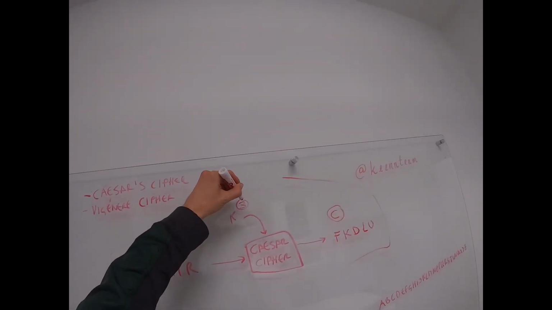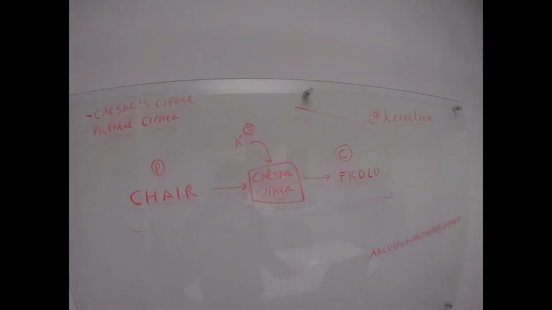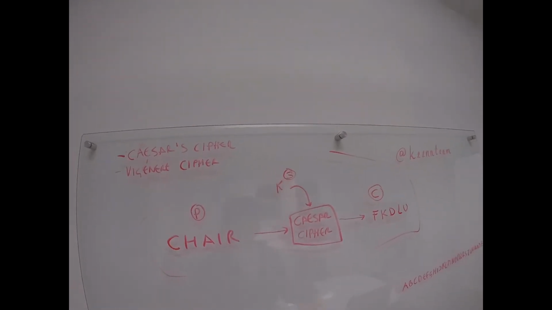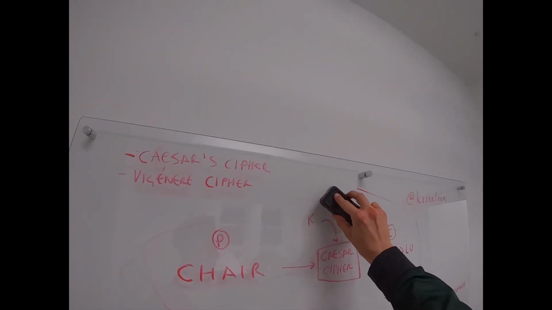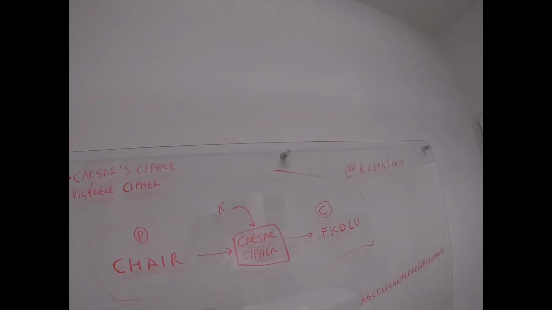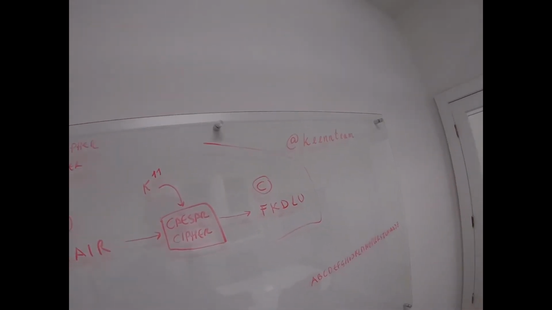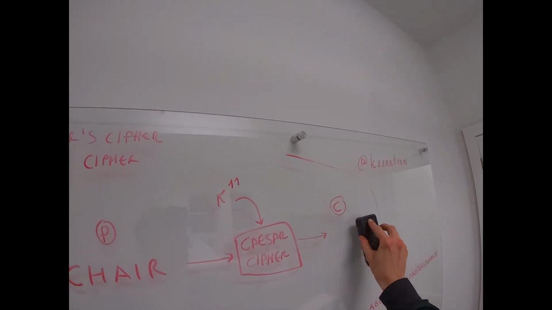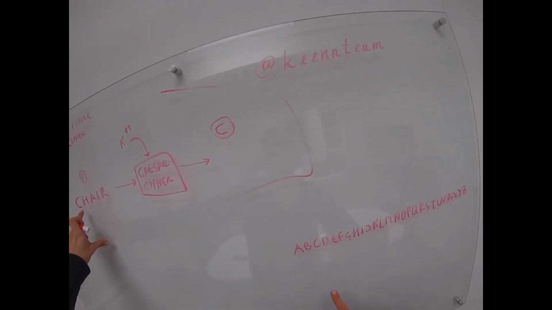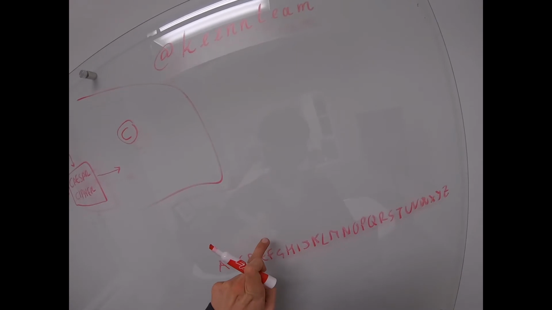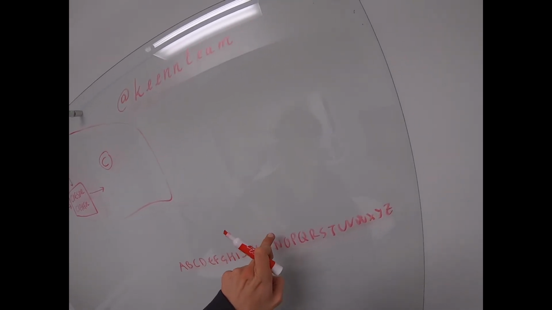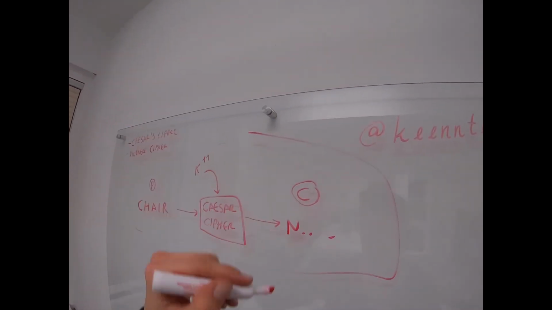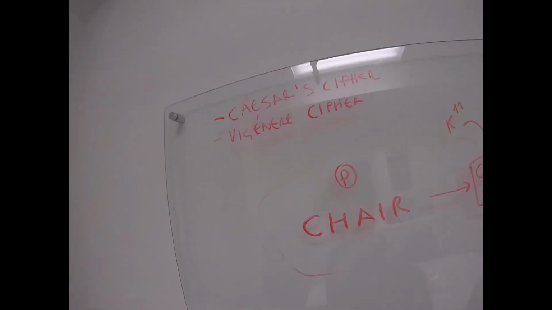What if instead of always using 3, we now introduce this concept of a key, and K can be any number, it can be 11, it can be 22, etc.? Now if this is 11, we encrypt it again, 1, 2, 3, 4, 5, 6, 7, 8, 9, 10, 11, and so on. You get the point.